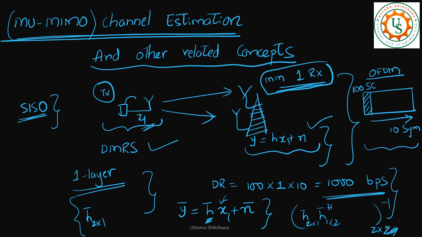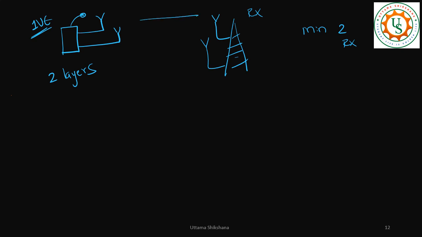So now when a single UE has two layers of data to transmit, what is the requirement of antennas at the receiver side? Here I need a minimum of two receive antennas. One antenna will not work out, two antennas are required.